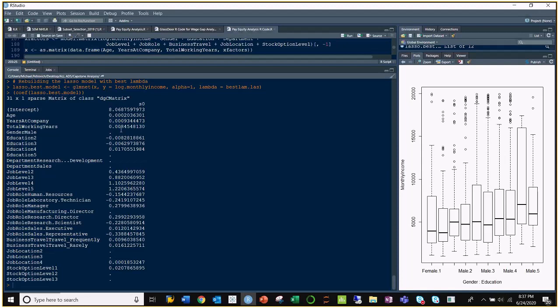So lasso is going to say that age, years at company, and total working years are important. It's going to drop gender. So technically speaking, from the concern of the business, we could walk away and say, yep, gender continuously falls off in both subset selection and lasso regularization, so we're done.